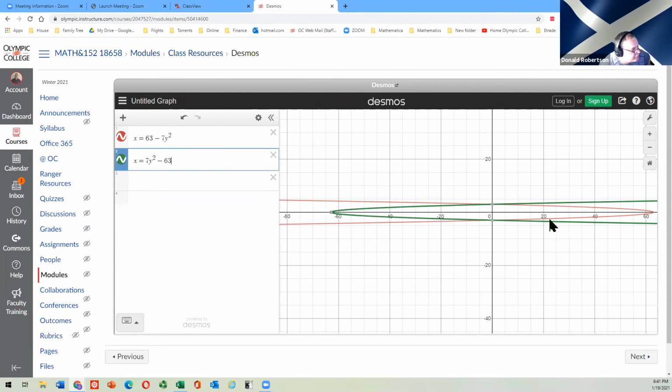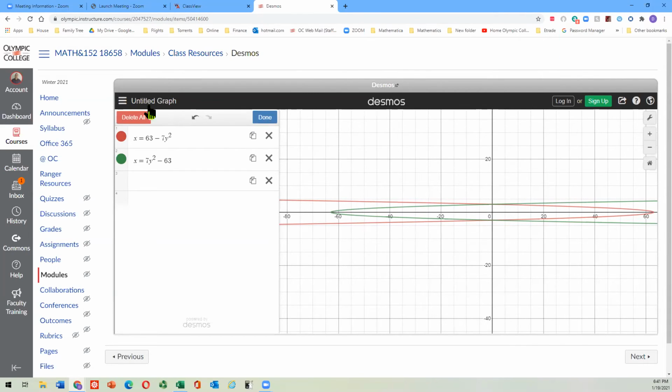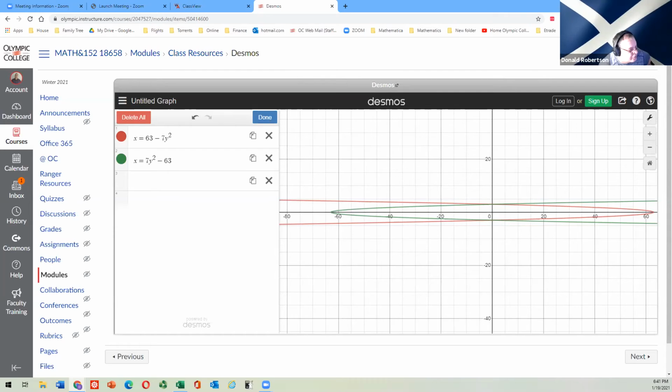Now, the Desmos has got a really awkward scale here, which you should be able to just change. Does anybody remember how to change the scales? It's the little wrench at the top right. Right.